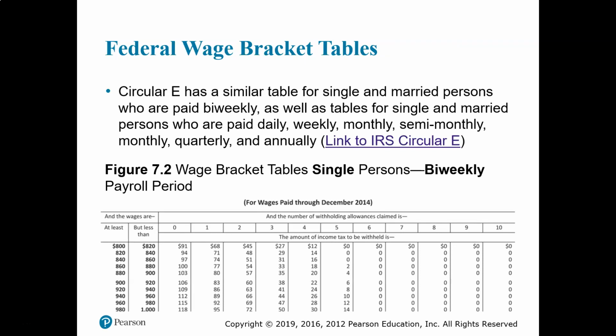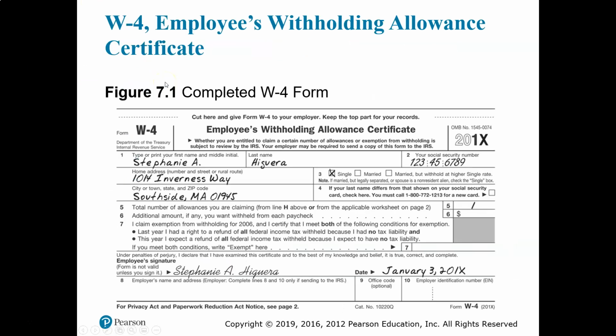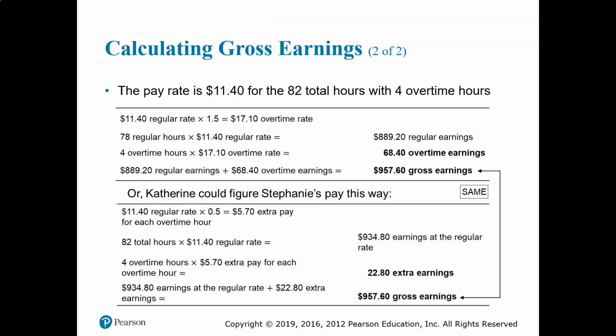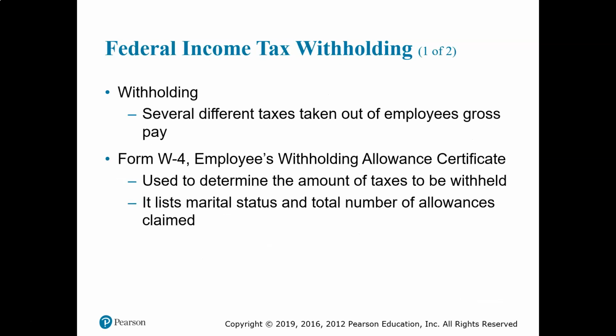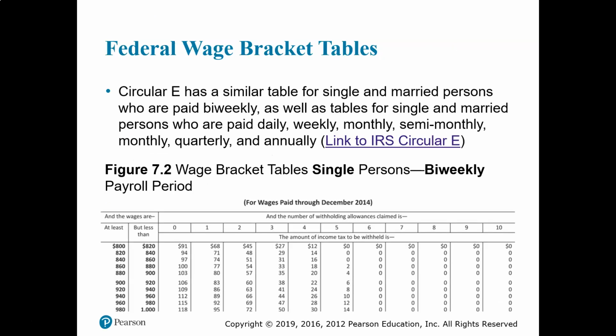So a little excerpt, we can see, based on the number of allowances, and we had 1, and the wages were, so you look at your wages and you look at your number of exemptions to find out how much withholding allowance you need to withhold.